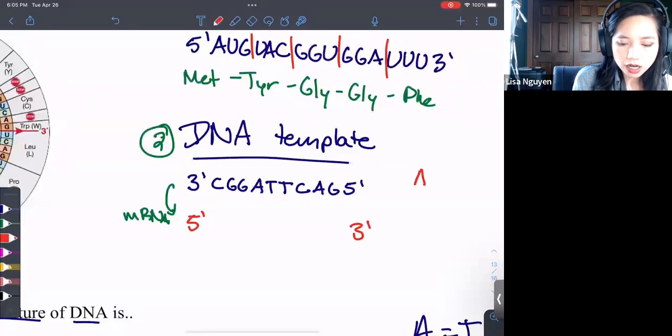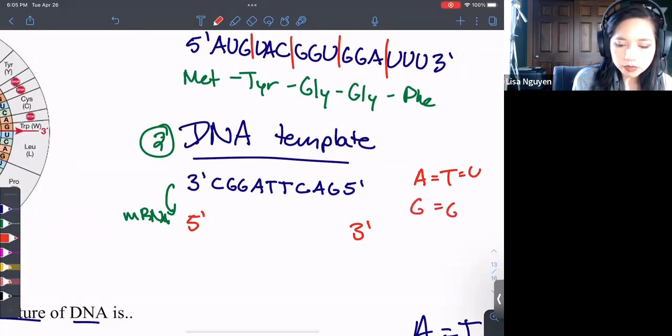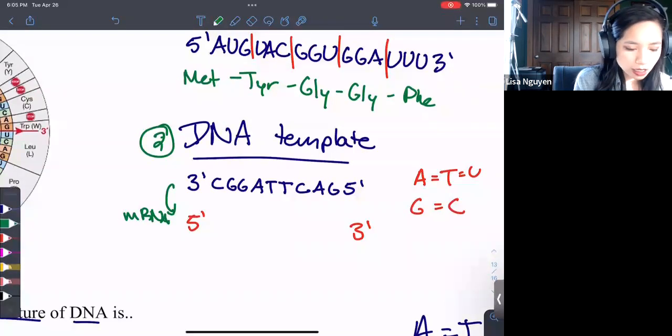Our rules here: A equals T, but when it's RNA, it's U. Then G equals C. So we make sure that we get our complementary strand here. So C would be G, so 2 G's, C, C. A, it would not be T, it would be U in this case, and then 2 T's would give an A, or AA, sorry.